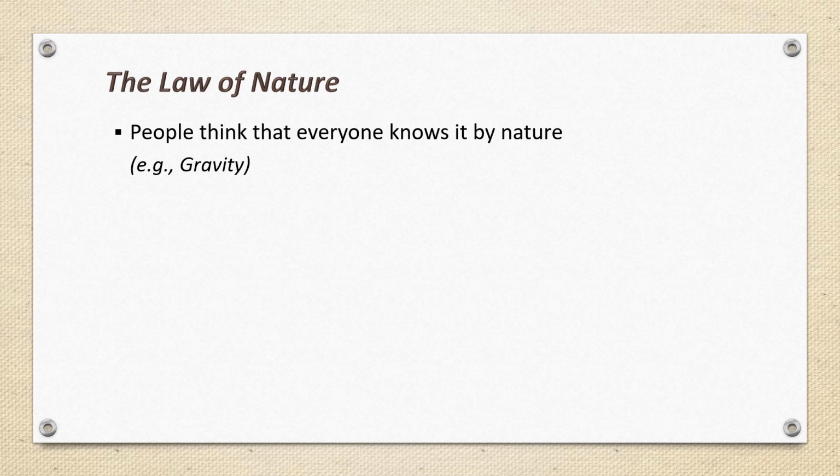For example, gravity. If you let go of something from your hand, it'll naturally fall to the ground. Everyone knows it, and you may not know the name of the law of nature, which is gravity in this situation, but you know what's going to happen when you take the action I just described.